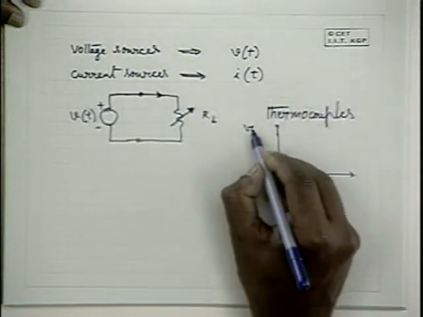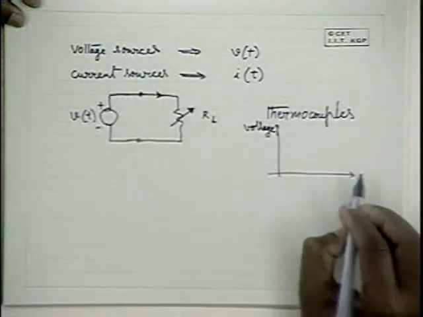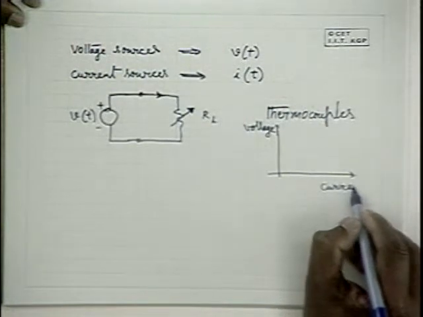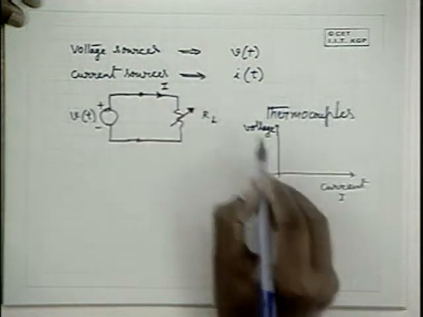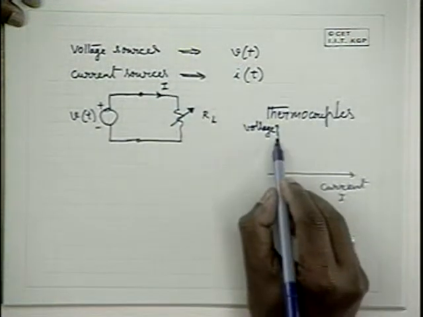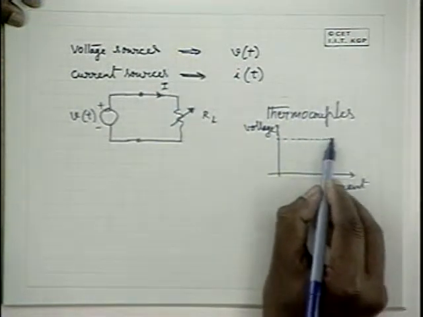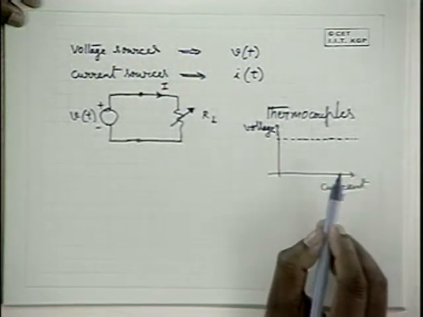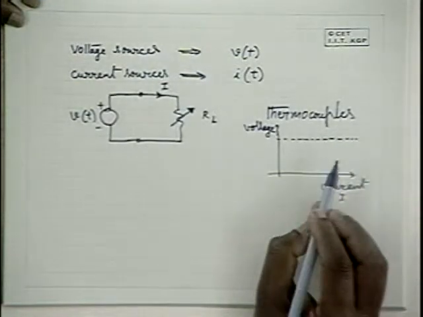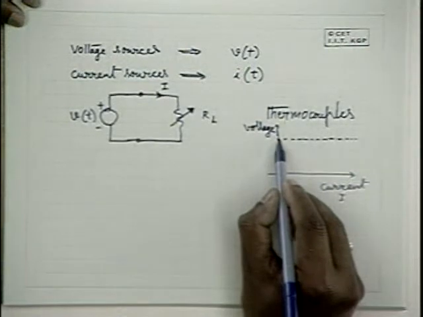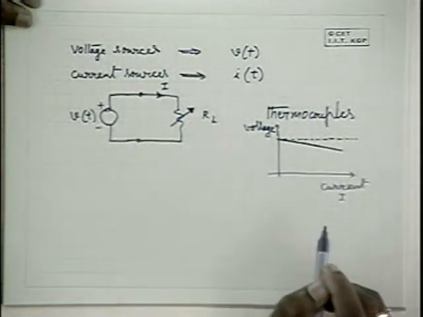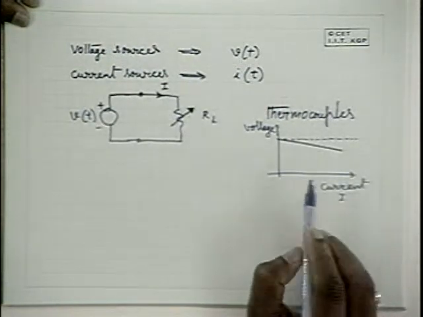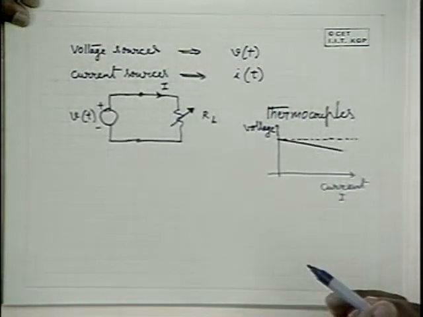So this is the voltage of a voltage source, and this is the current you draw through it. With current drawn, do you expect the voltage to remain at a constant level with practical sources? Typically the voltage drops with the current drawn through it.